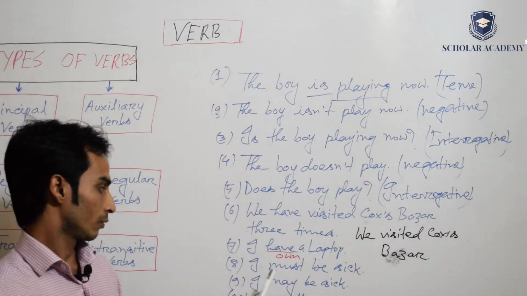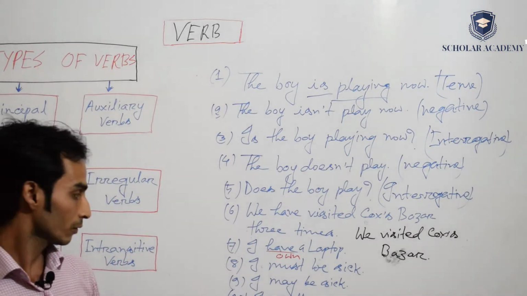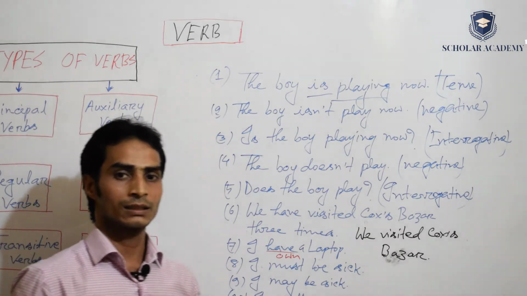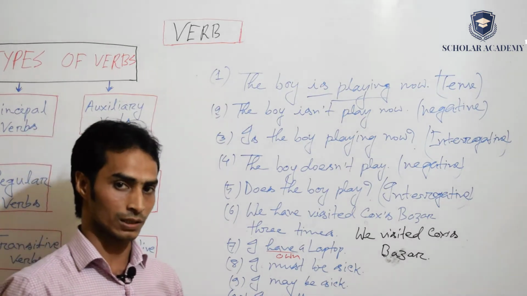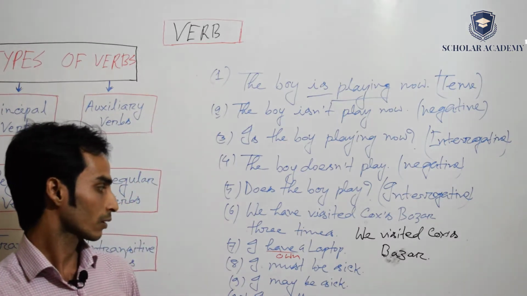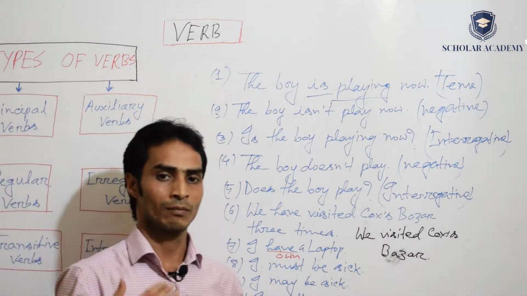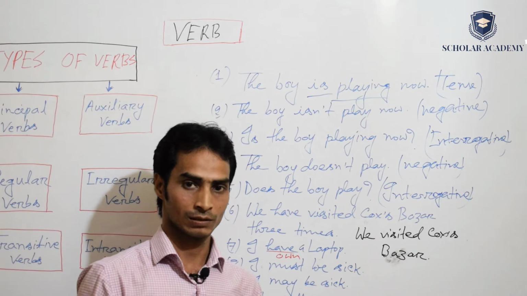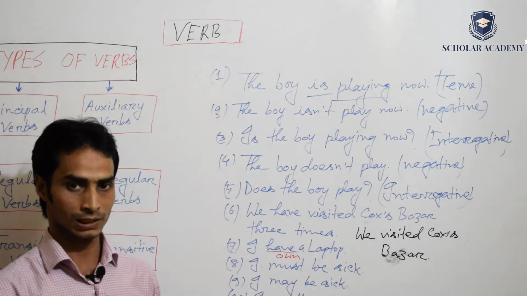Now we'll discuss modals. We know that there are 10 modals in English grammar, and they have multiple meanings that are confusing to English learners.